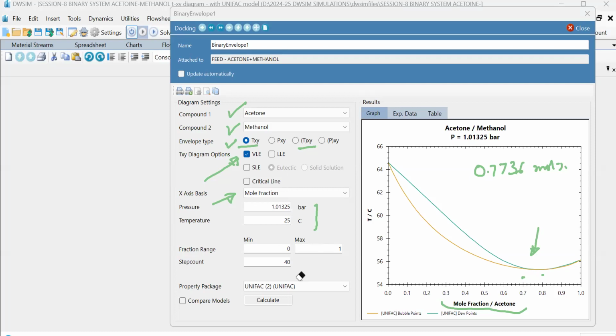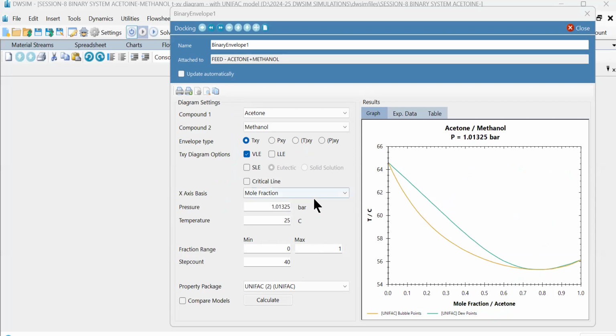The thermodynamic model chosen is UNIFAC, and we are taking compound one as acetone and compound two as methanol. From the literature we know the azeotropic composition is 86.1 weight percent, that is coming to 77.36 mole percent. Similarly, we are trying to come to a judgment on which model is better.